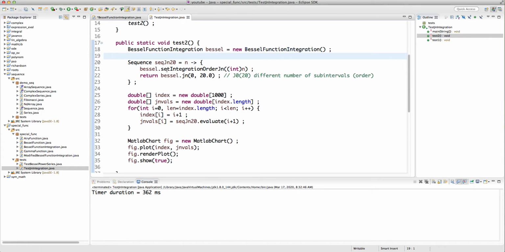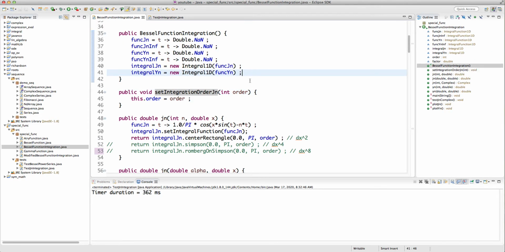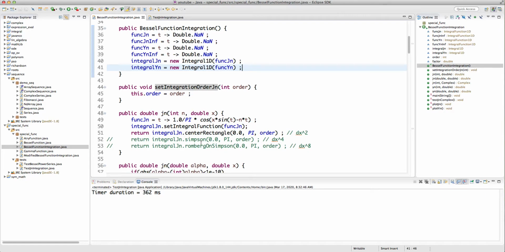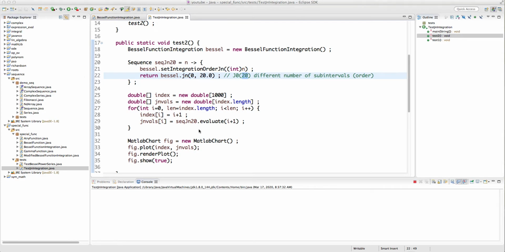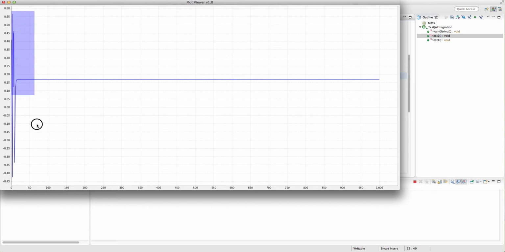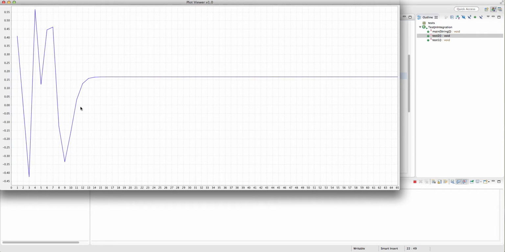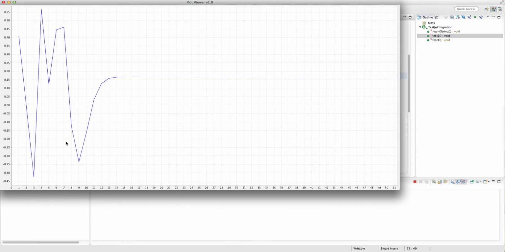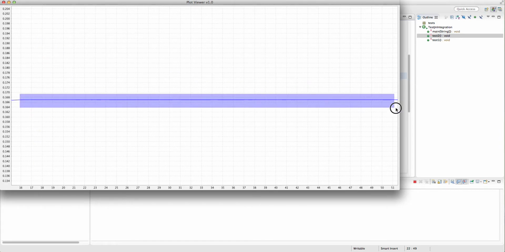So again, what I'm doing here, I'm creating a sequence that evaluates J0 at 20 with different numbers of subintervals for the integration, all right, for the center rectangle. And this should show us how the convergence happens. As you can see, originally we have some inaccuracy. The integral tries to stabilize, and eventually after 18, 19, 20 subintervals, we are pretty much there, right?